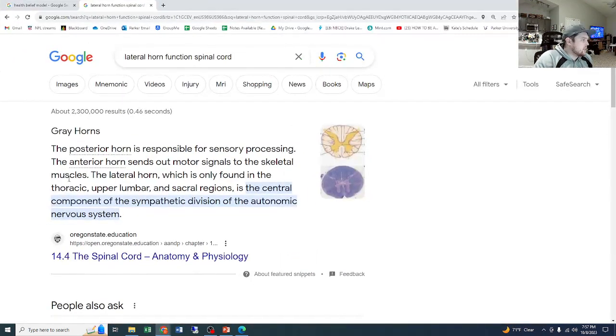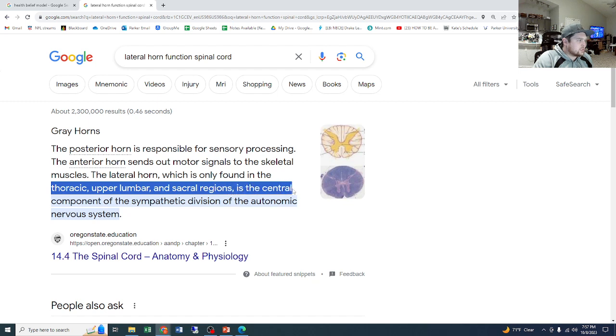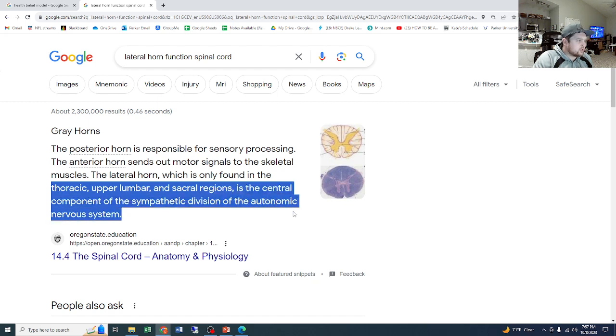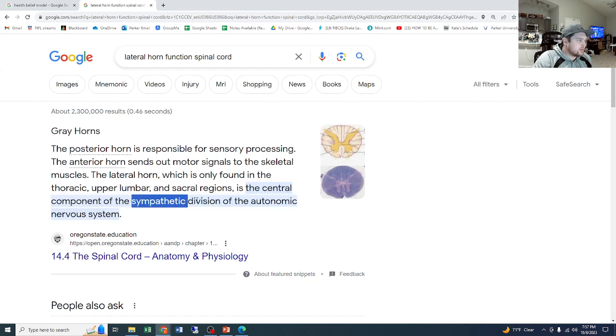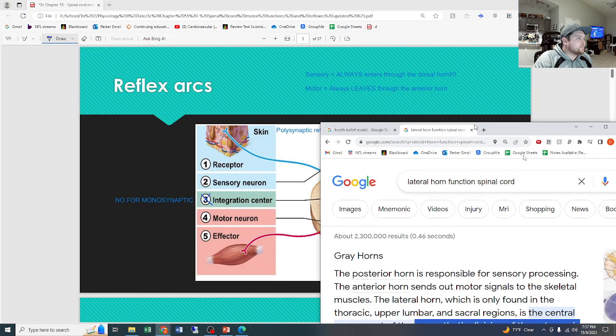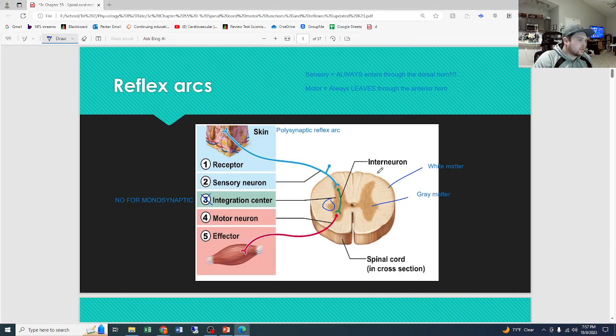The lateral horn, which is found in the thoracic, upper lumbar, and sacral, is the central component of the sympathetic division of the autonomic nervous system. So that's our sympathetic nervous system. You don't need to know that right now. Just focus on the posterior horn and the anterior horn, or the dorsal horn and the ventral horn. Posterior dorsal, anterior ventral, and good to go.